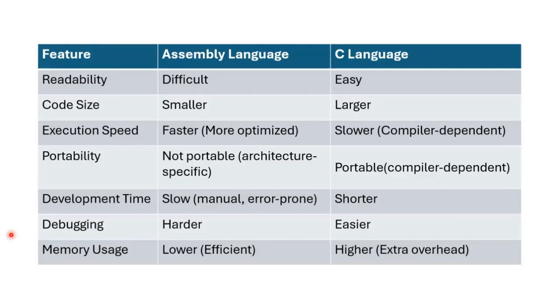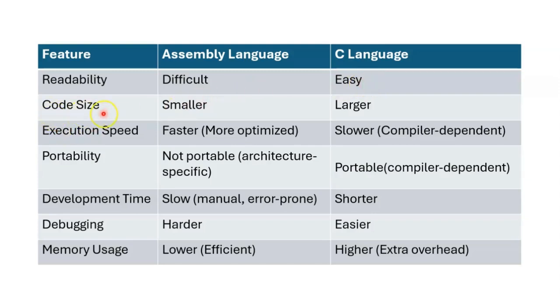Conclusions. Okay, so let's take a look at this table. Basically, I have summarized all that I have discussed in this video in this table. So let's first of all look at readability. All right, for assembly language, it could be difficult, but for C, it is a lot easier because of its structured nature.